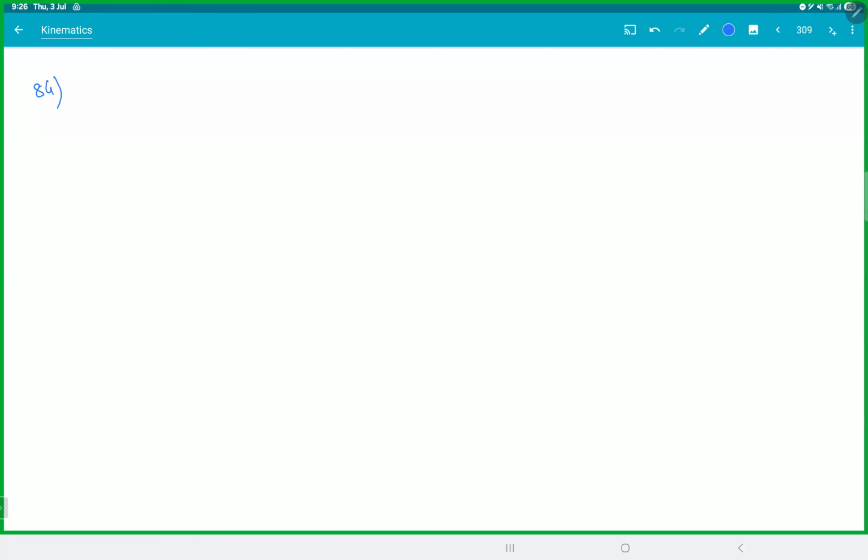Let's say we have a graph of v square against x cube.